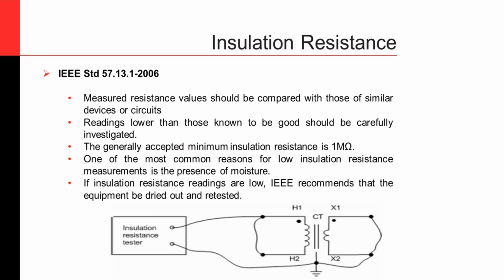So the presence of leakage current is what matters, not the direction of the leakage current. As I told you during the presentation, the leakage current is going to be a very low value, and that's why you typically see insulation resistance values above 1 megaohm.